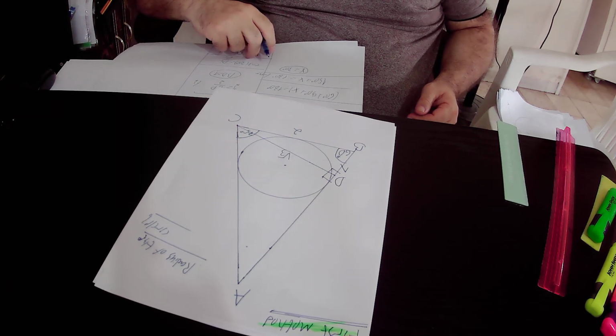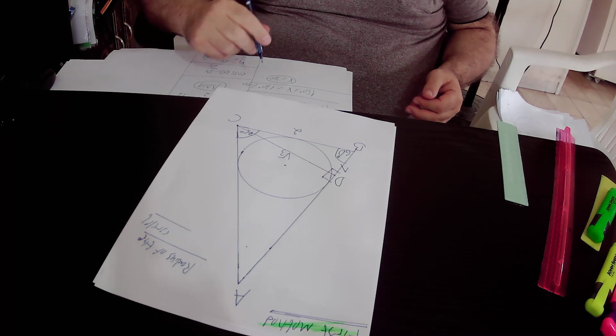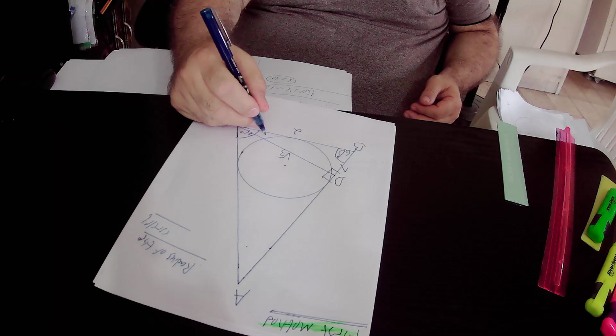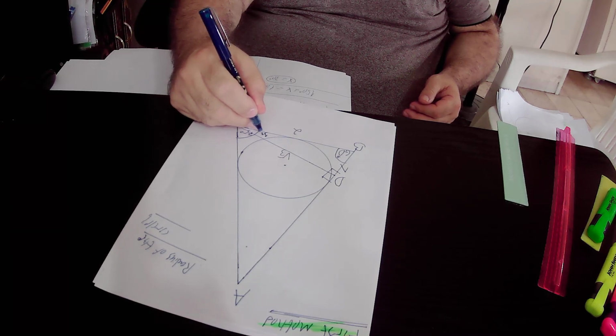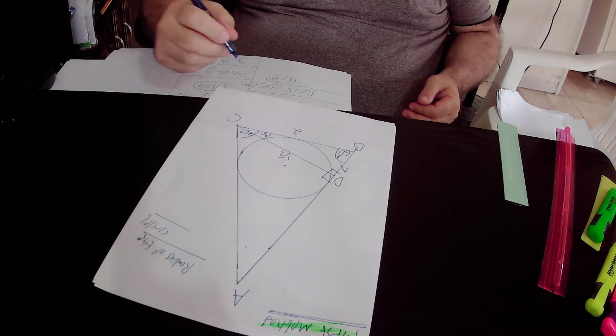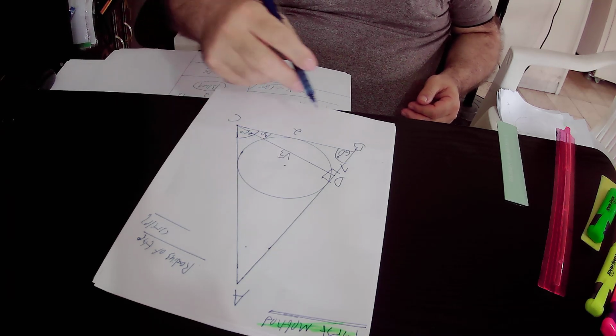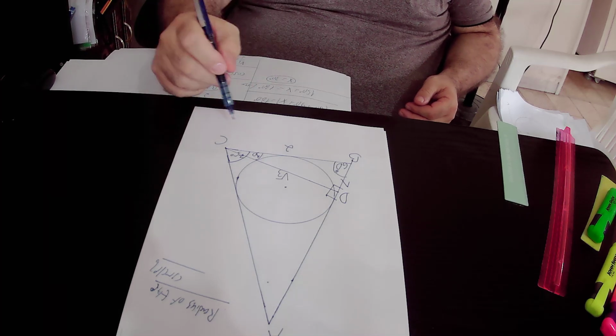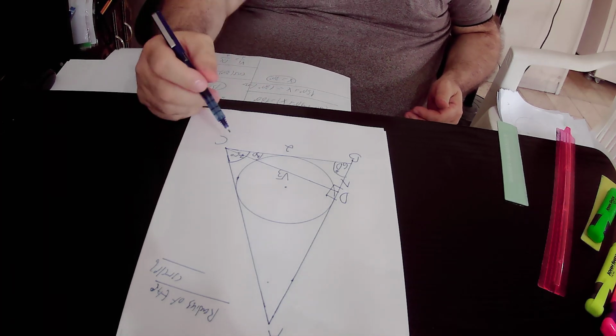So here we know that this angle equals 30 degrees. Angle BCA equals 75 degrees. Angle DCB equals 30 degrees.